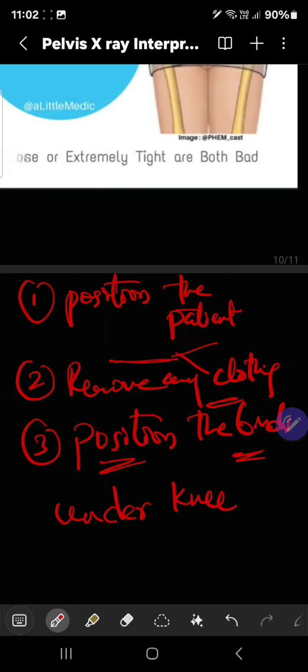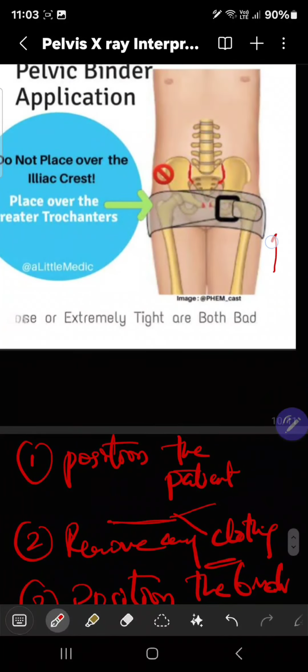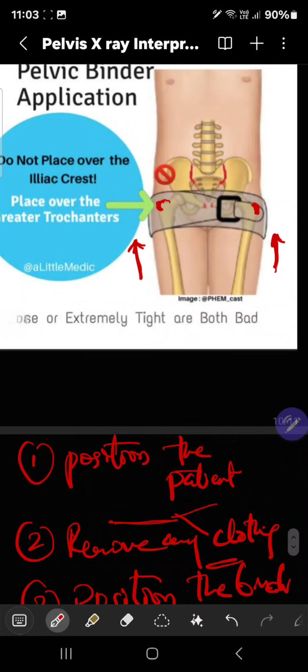You should not lift the pelvis up, because it is already fractured, and the pelvis may get more damaged if you disturb it. So place the binder under the knees and slide it up to the level of the greater trochanter. You can see the greater trochanter here. You can palpate your greater trochanter.